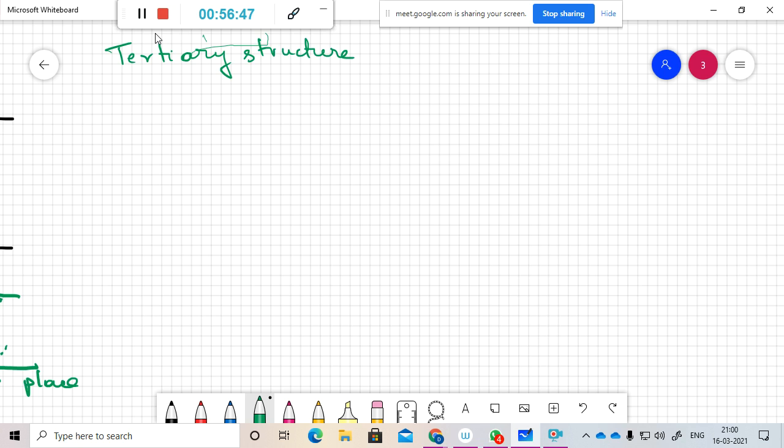So the third level of structure found in protein, it refers to the spatial arrangement of amino acids that are far apart in the linear sequence, as well as those residues that are adjacent. So let us have a look at a particular structure.